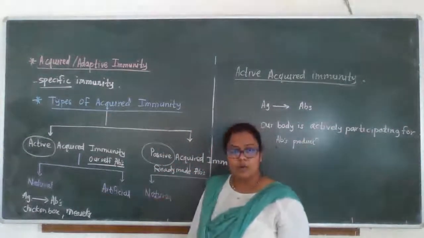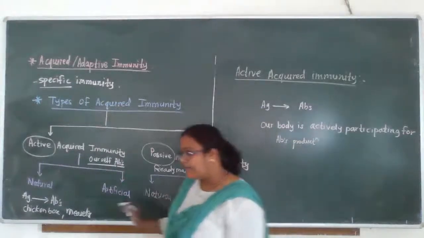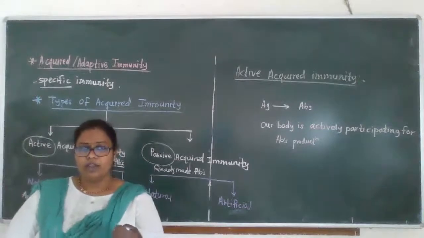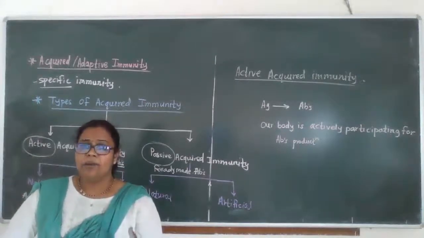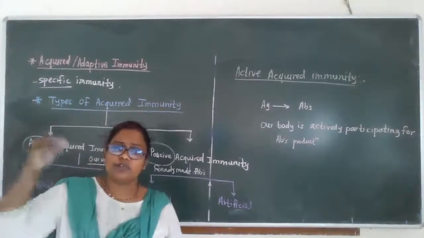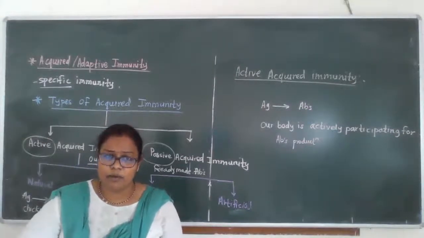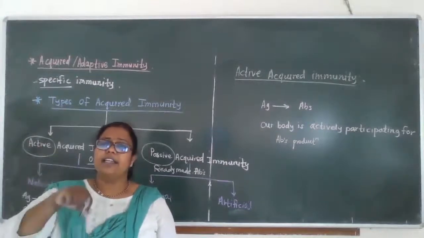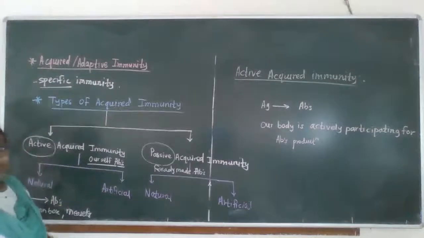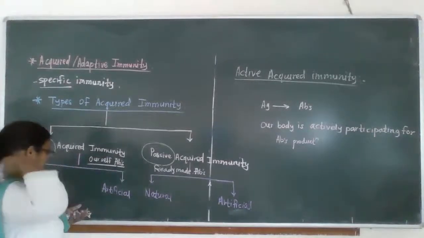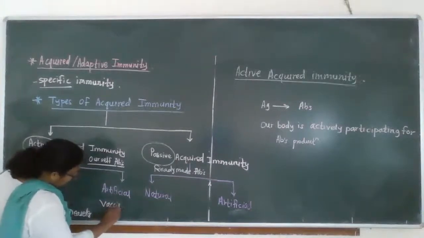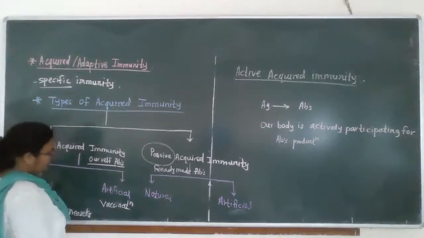Artificial acquired immunity means our body is producing antibodies, but by an artificial way. We forcefully inject the antigen into our body, and our body itself produces the antibodies, because it is active immunity. This is practiced especially in vaccination or the immunization plan.